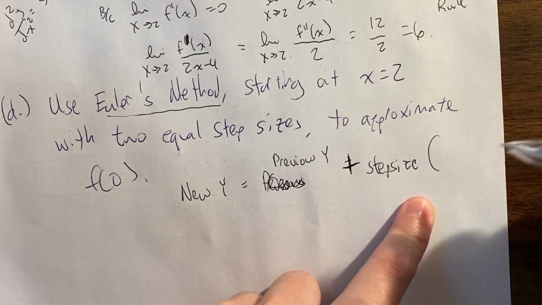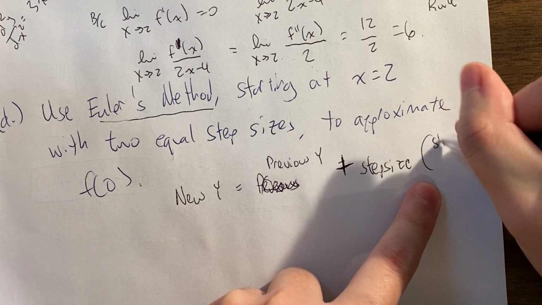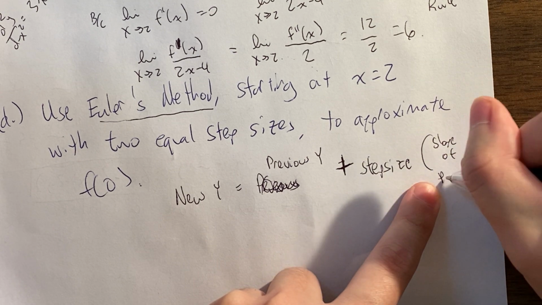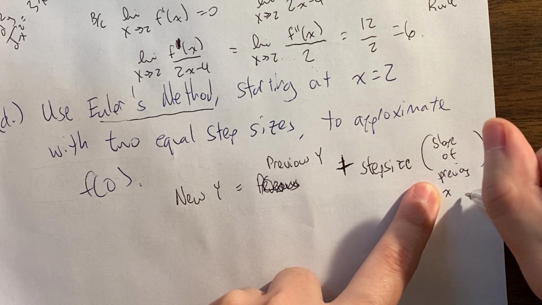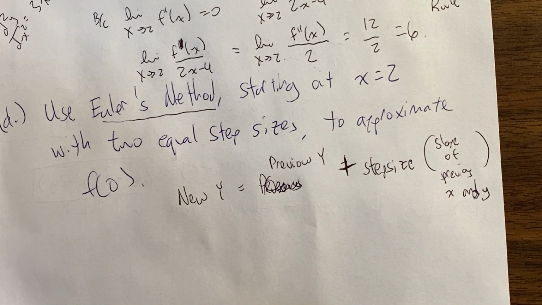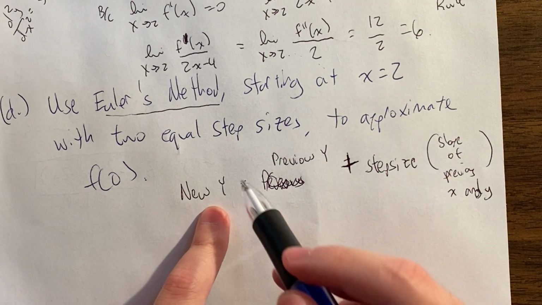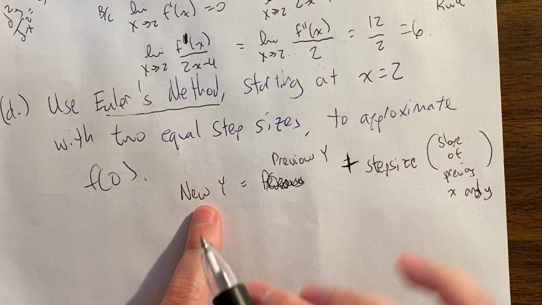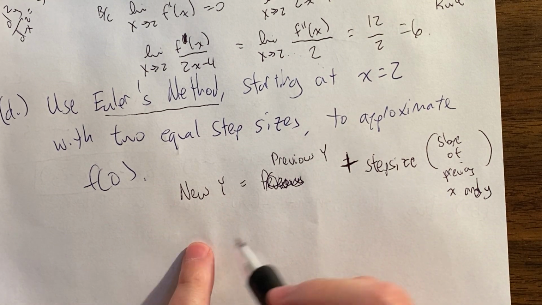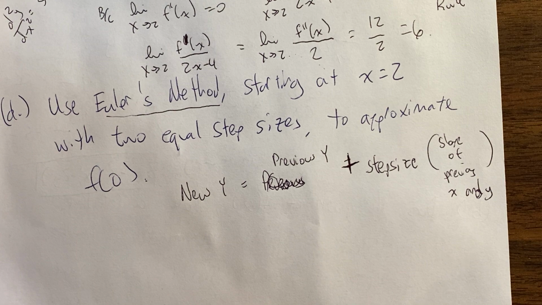And then what you do is you plug in the old x and old y, or the previous x and the previous y, into slope. So slope of previous x and y. Again, it is just the equation of a line. Slope is equal to y2 minus y1, but we brought the previous y over, so we added it over, divided by the step size, and the step size is x2 minus x1. So this equation isn't too bad. It's just the equation of a line.